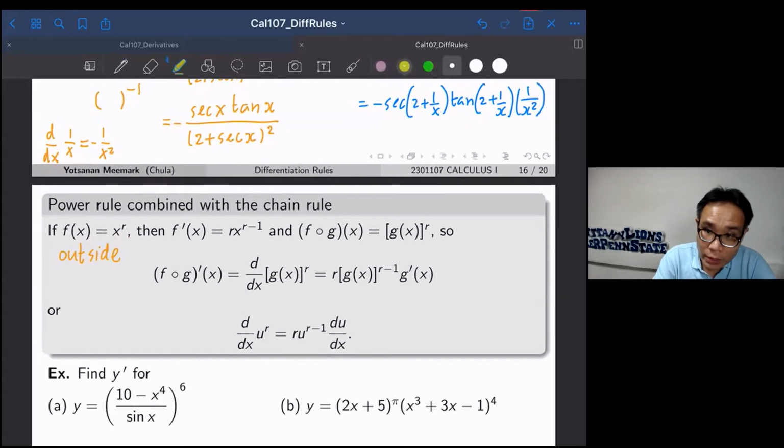If I highlight in yellow for you, you have the power outside and you have g(x) inside. So you're going to differentiate the yellow guy. When you differentiate the yellow guy, r comes down and everything to the r minus 1, and you have g(x) multiplied by g prime of x like this. And this guy turned out to be differentiating the inside.